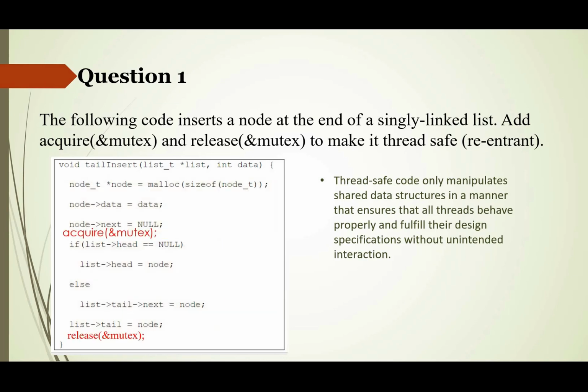So the better approach is acquiring the mutex before the if statement and releasing it after we are done with changing the tail of the linked list. Okay, so this ends the first question.